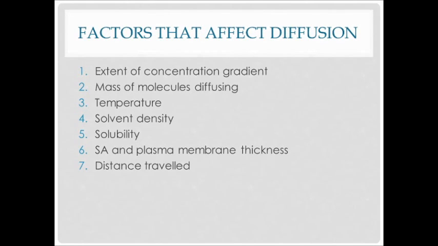So we can kind of look at that with somebody who's dehydrated, because their body cells will lose water, diffusion will decrease, and cells will stop functioning. Nonpolar lipid-soluble molecules will have a higher rate of diffusion. Greater surface area will increase the rate of diffusion. A thicker membrane will decrease the rate of diffusion. And a greater distance that has to be traveled across this membrane will lower the rate of diffusion as well.